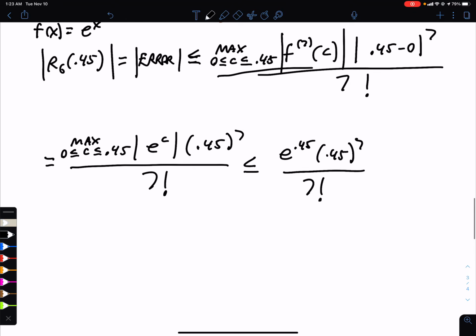Now, we're going to pick a number that we can deal with. So I think you'll agree with me that we can say e to the 0.5. And you're going to say, why'd you put 0.5? Because that's a square root. Okay? So I'm doing more steps than you would actually write. I just want to make it very clear.